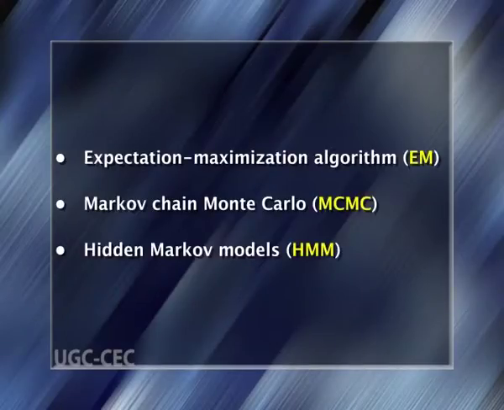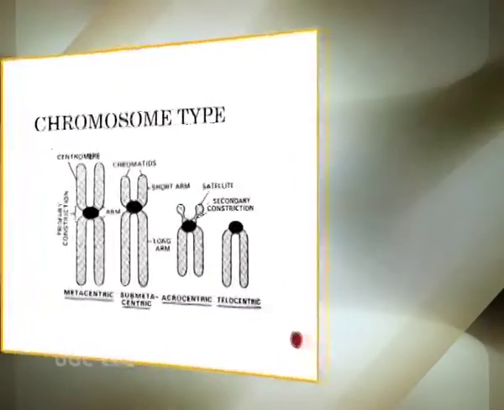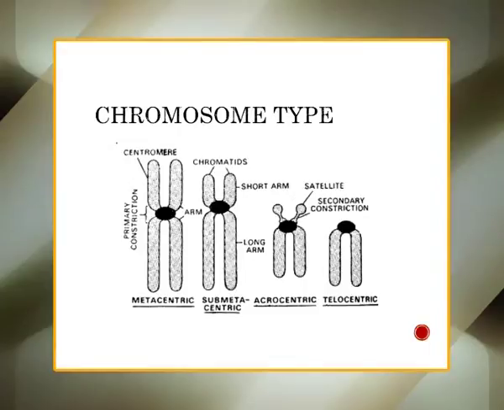The parameters in these models are then estimated using algorithms such as the expectation maximization algorithm (EM), Markov chain Monte Carlo (MCMC), or hidden Markov models (HMM). Microfluidic whole genome haplotyping is a technique for the physical separation of individual chromosomes from a metaphase cell, followed by direct resolution of the haplotype for each allele.